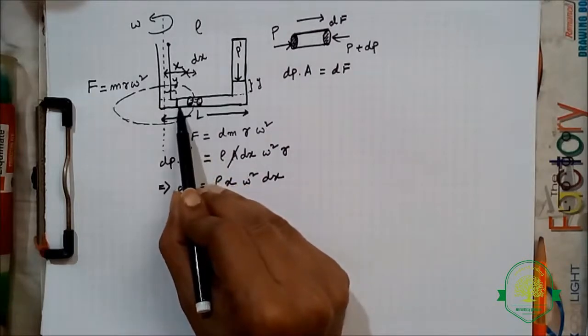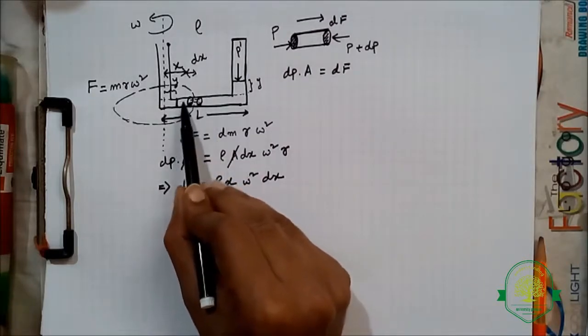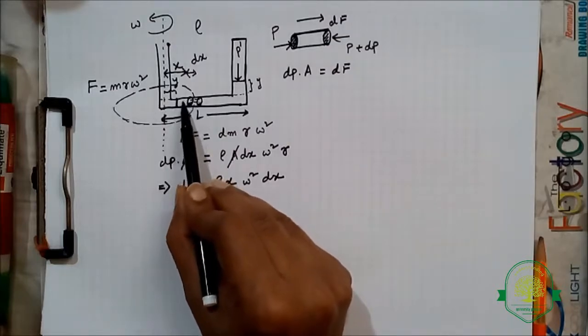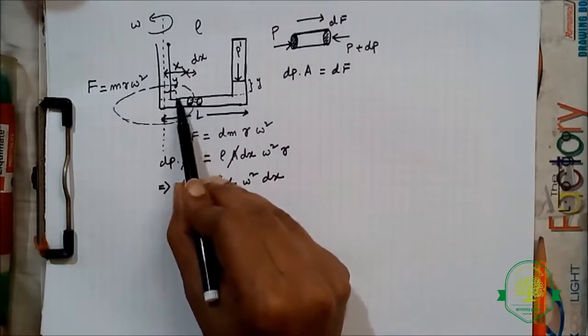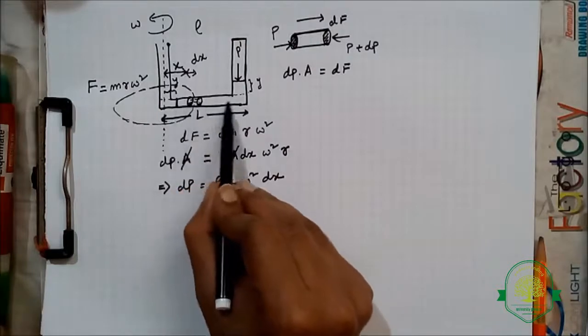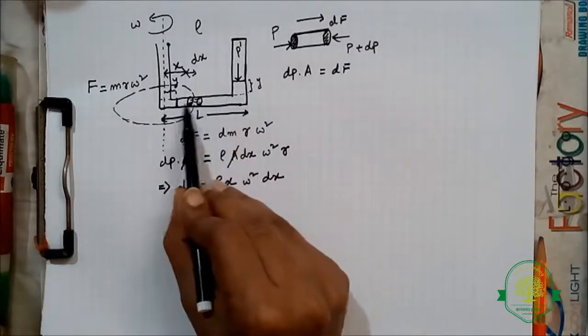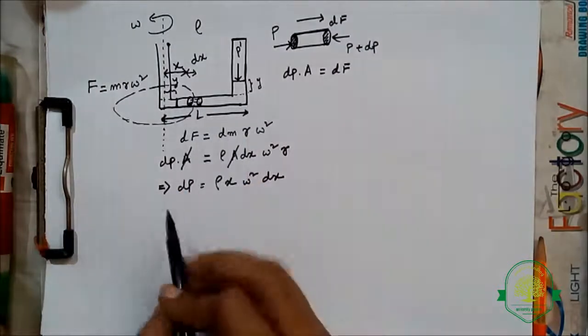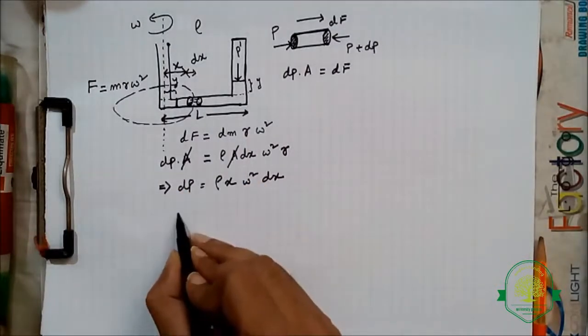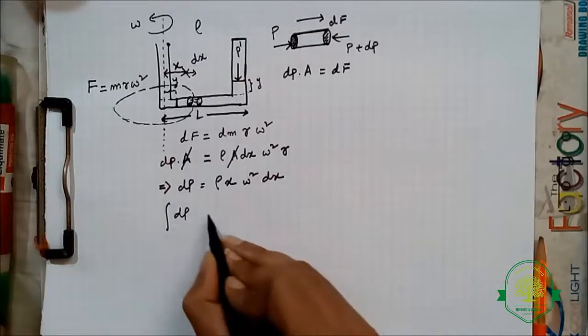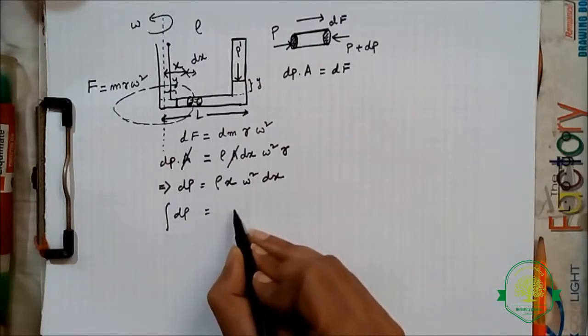If we add up all the excess pressures acting on all the elementary differential liquid lengths along this line, we can find out the entire excess pressure acting along this line. So if we integrate both sides, I'll just take the constants out of the integration sign.